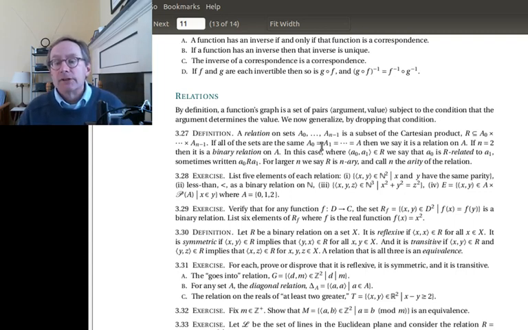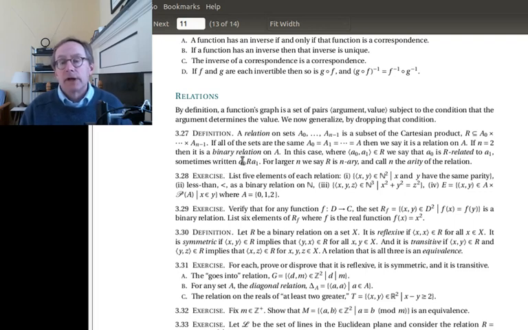So a relation is simply a set of ordered pairs, or ordered triples, or ordered four-tuples, or in general, ordered n-tuples. R is a subset of A naught cross all the way up to A n minus 1. So R is a set of ordered n-tuples. It's common for all the sets to be the same, and then we would say that R is a relation on A. If n is 2, you call it a binary relation.